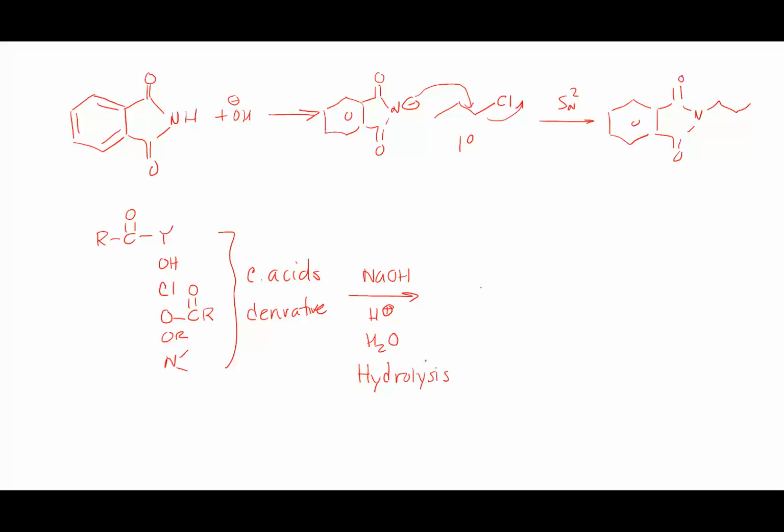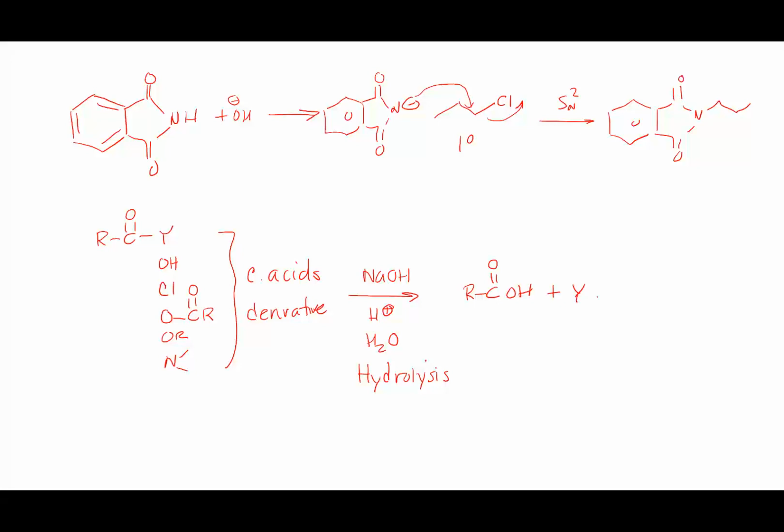And that hydrolysis reaction then forms your carboxylic acid. Depending on whether it's an acid or base, if it's an acid, it'll form the carboxylic acid. If it's in base, it's going to form the carboxylate, and then it frees up the Y group.